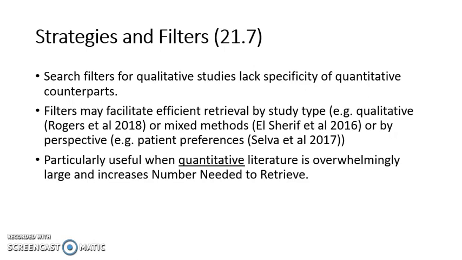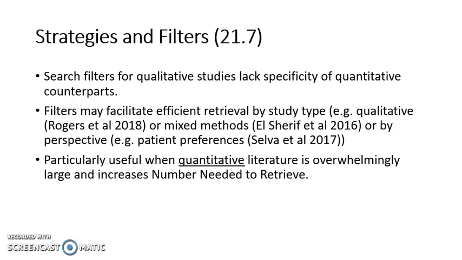Again, these have largely been developed over a longer period than the qualitative filters, but nevertheless filters may facilitate efficient retrieval, either by study type, for example looking for occurrences of words to do with qualitative or qualitative research, or in relation to mixed methods, or by trying to capture the perspective of interest.